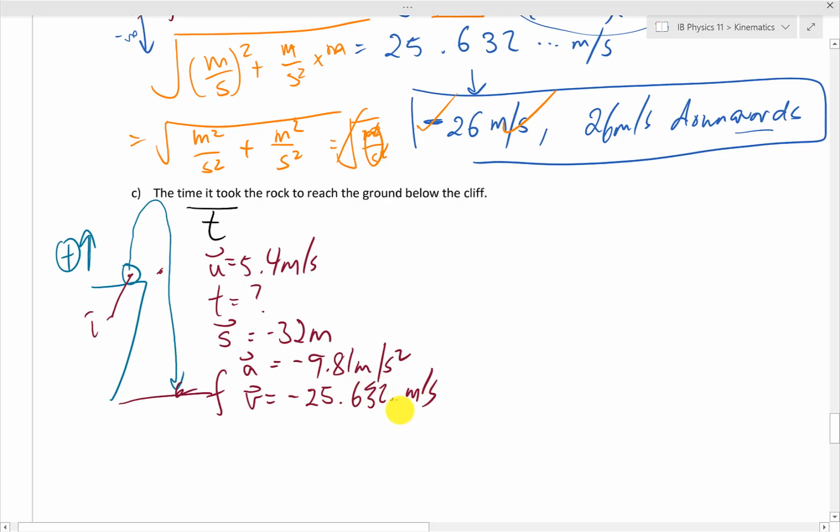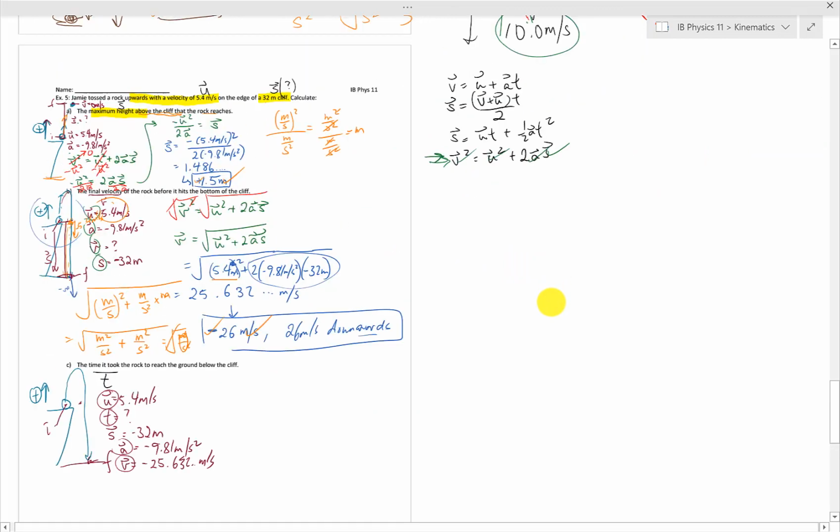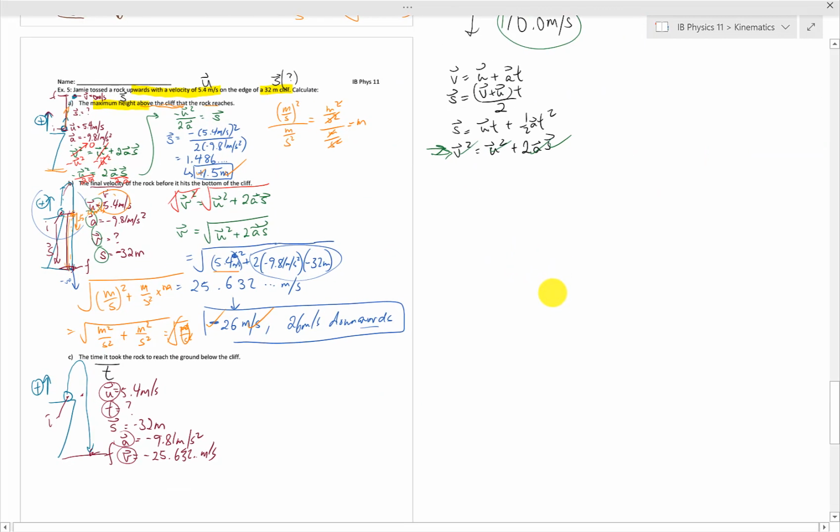25.632... meters per second, saving that on my calculator, and I'm going to assume that I have the following here: my final velocity, acceleration, time, and initial velocity. If I look at my four kinematics equations, I have the first one: V, U, A, and T is the one I want to find.